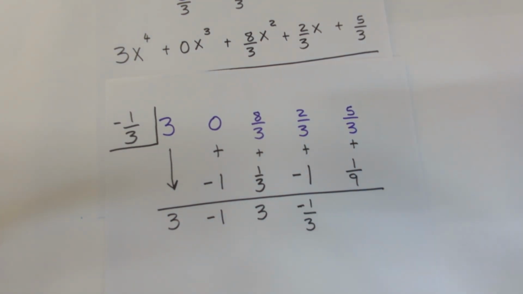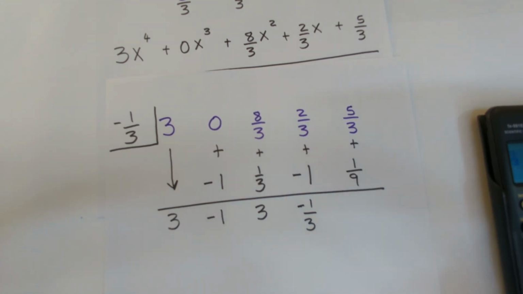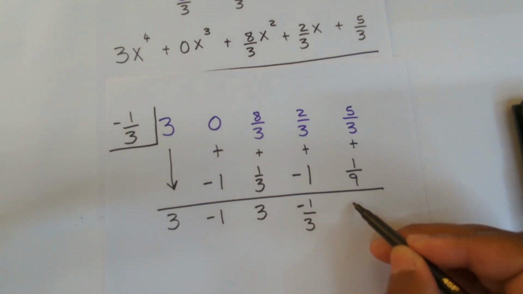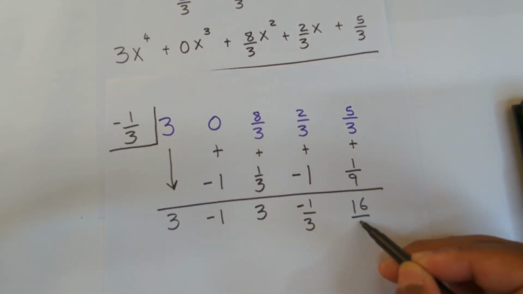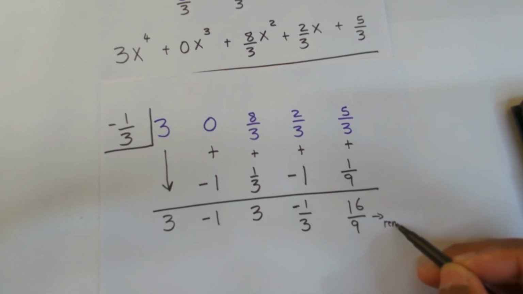And then we add. So we have 5 over 3 being added to 1 over 9. This will give us 16 over 9. So we're going to use 16 over 9 as our remainder.